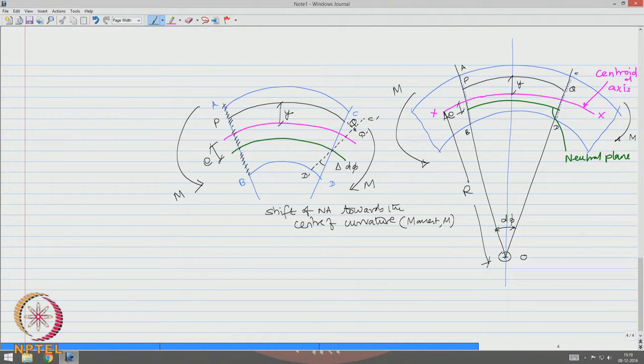Let us try to draw the cross section of some standard shape. Let us say the cross section is symbolically indicated this way, and the CG is marked here.